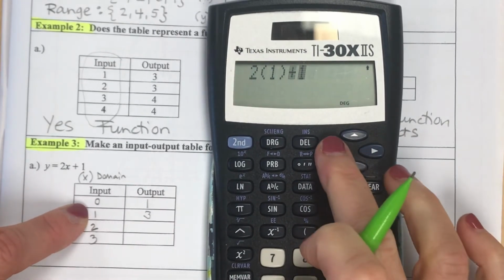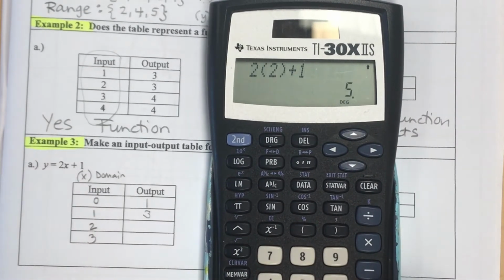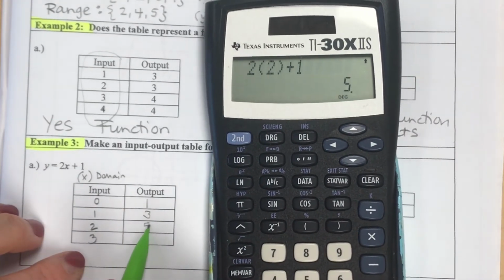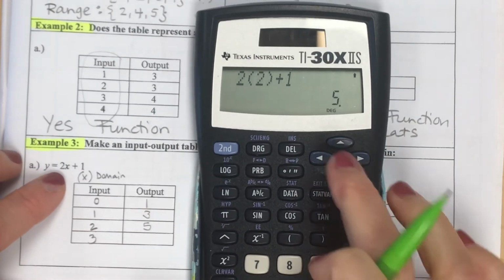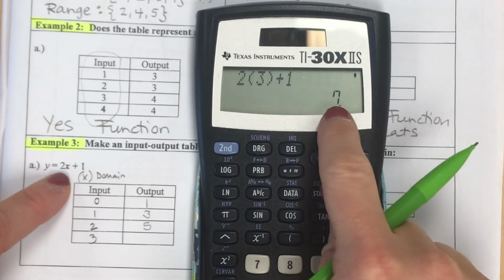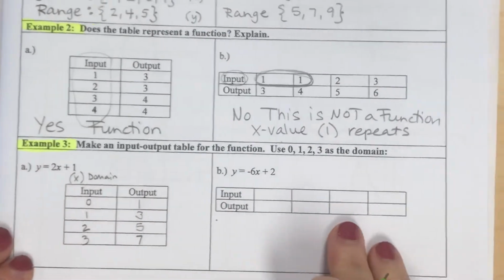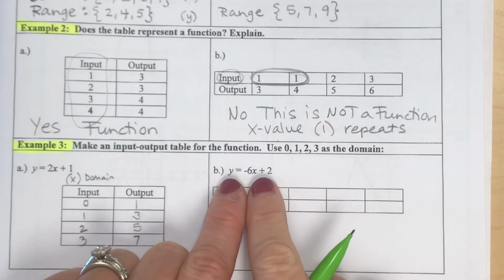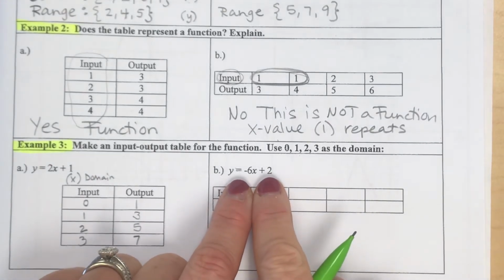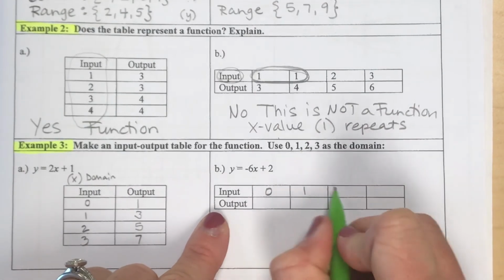And then I'm going to go back here again and input the number 2 into my function. And when I input the number 2, I get out 5. And then lastly, I'm going to input 3 into my function, and I get an output of a value of 7.